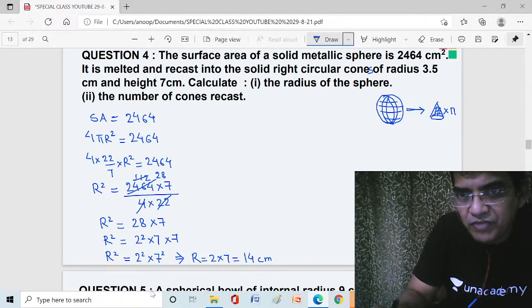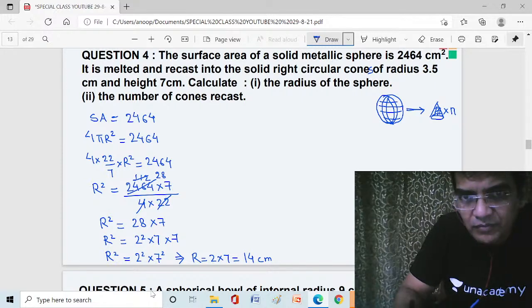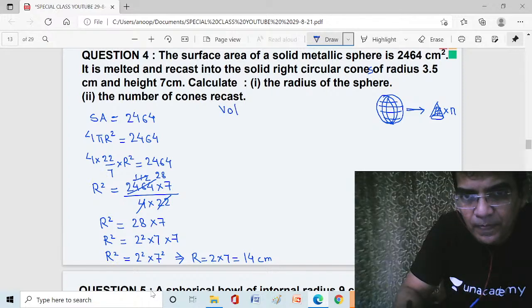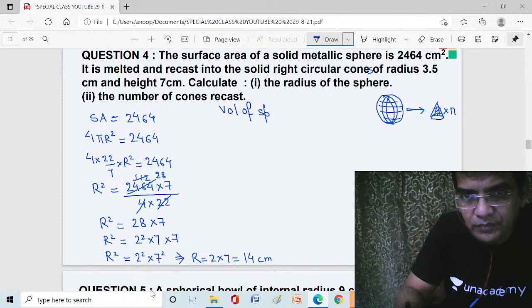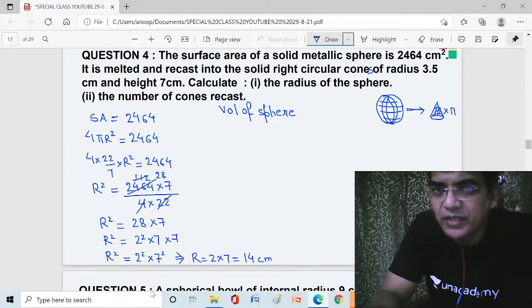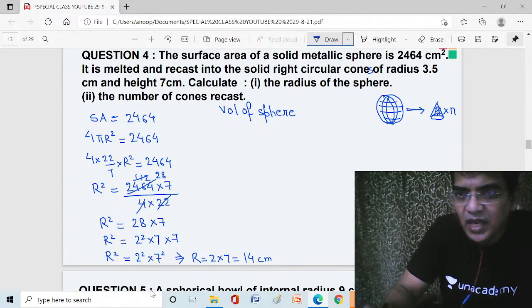So what I do first, I will find volume of a sphere. Okay, so volume of a sphere. Just I will write the formula. Remember, I will not be substituting the value at this point, because later on, as you can see, I have to equate.